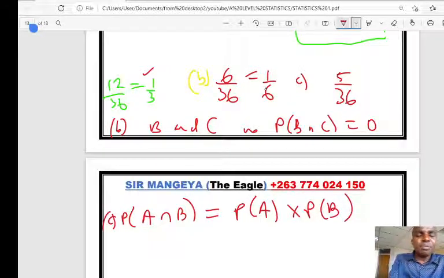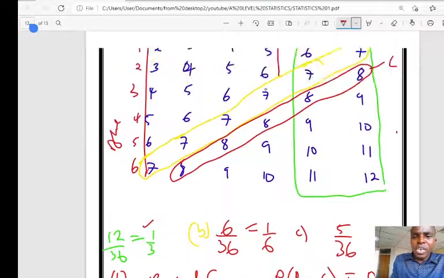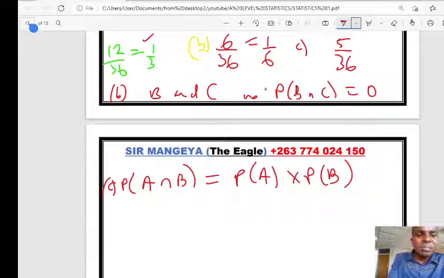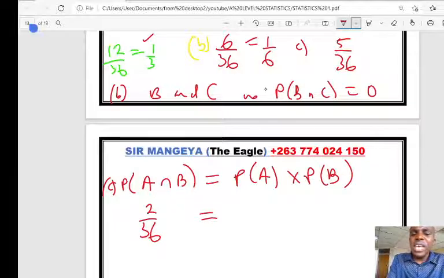For A intersection B, we come up here, A and B, we have 7 and 7 here. These are the two numbers, this one and this one. So A intersection B is 2 over 36. Then it must be the same as the probability of A times the probability of B. Probability of A is 1 over 3 times probability of B is 1 over 6.